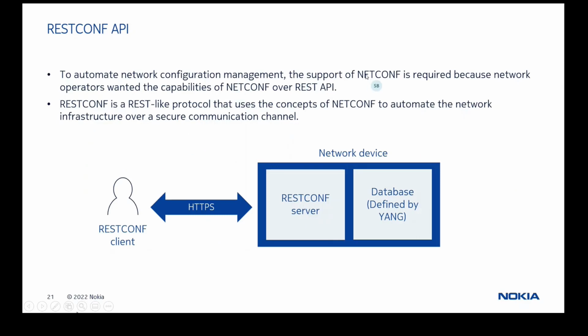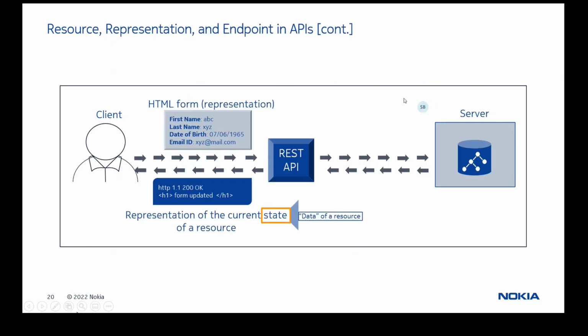RESTconf API, again, I won't go into it too much, only because the format is exactly like this. It has the same idea: it has the endpoint, it has resources, it has client and server, everything. It even has a representation.